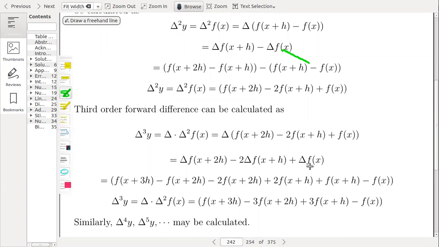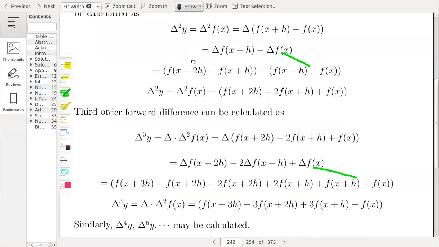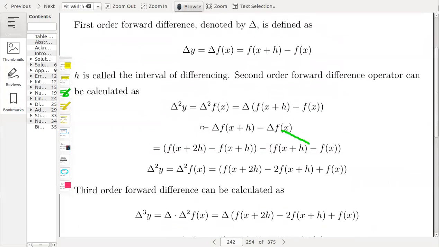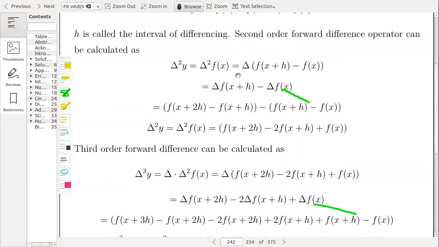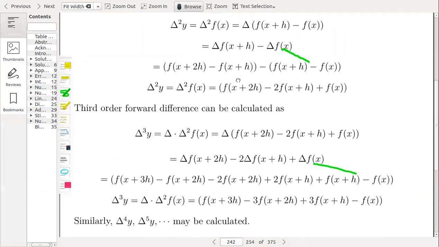Now each of these will be written again as we have done before. Delta f of x is equal to f of x plus h minus f of x. And delta f of x plus h, we have calculated, is f of x plus 2h minus f of x plus h.